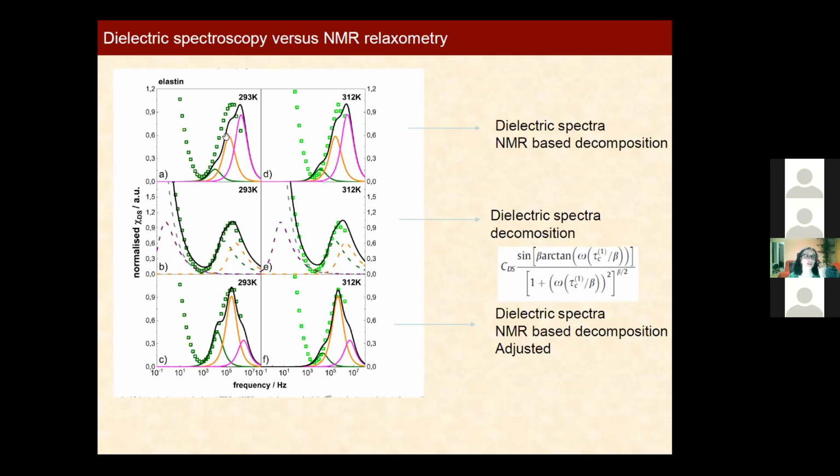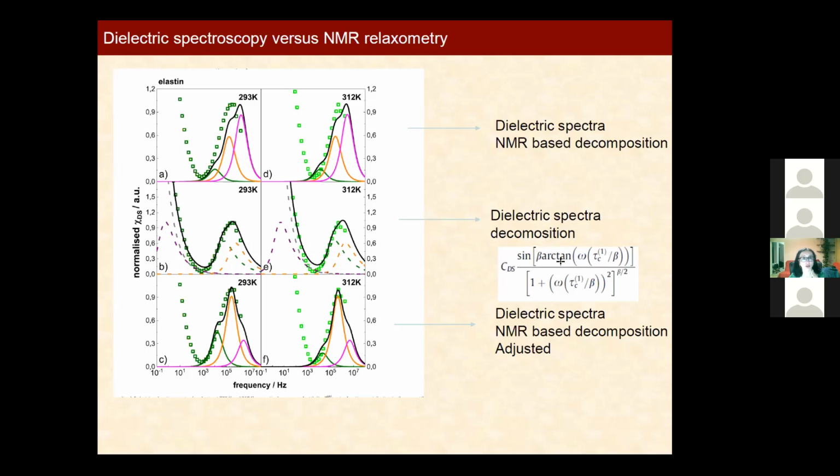This is the solid one. Okay, then I could do something else: just interpret the dielectric spectra, forgetting about NMR. To interpret dielectric spectra, people quite often use the so-called Davidson function. It's a phenomenological function.